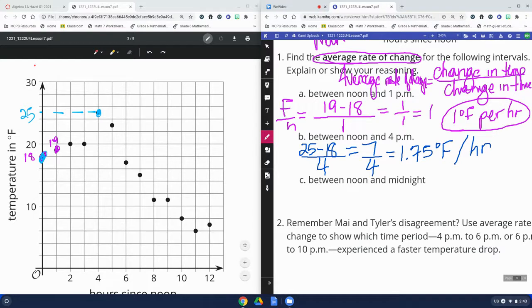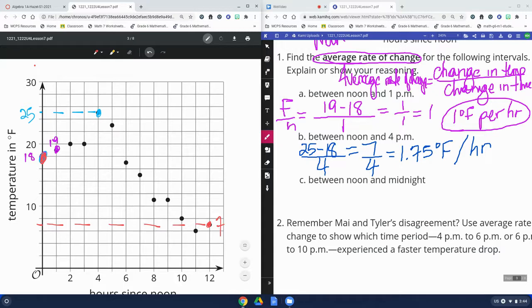All right. How about between noon and midnight? So noon, we already know is 18. Midnight looks like that's about 7. Yeah, that looks like it's about 7, right? So this is a decrease, right?